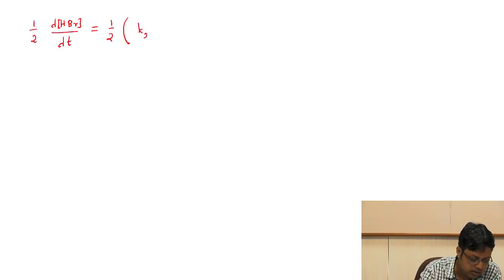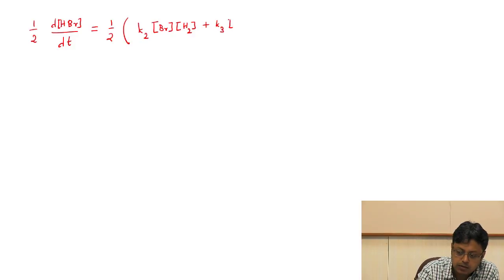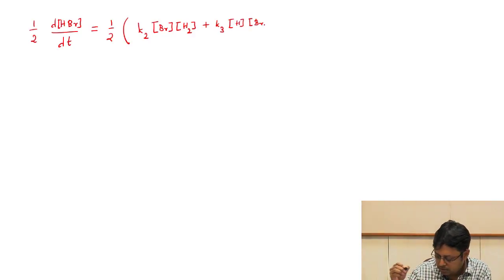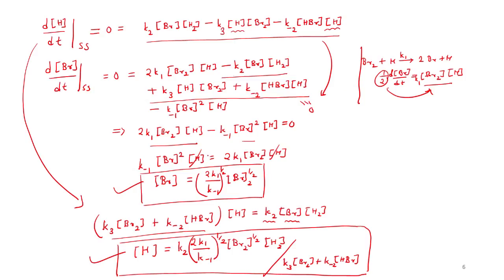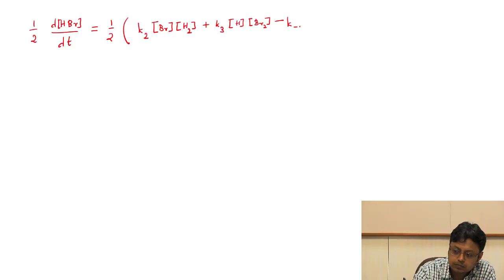K2 Br into H2 is the reaction of the bromine radical generated in step 1 with H2, and the third step is the H radical generated from reaction 2 reacting with bromine, and then HBr is decomposing in step 4, if you remember. So HBr and H. Step 5 we ignored, so it will be K minus 2 into HBr into H. So that's the overall thing.